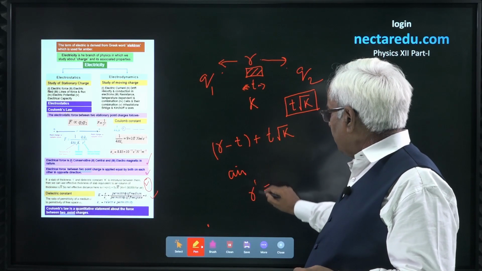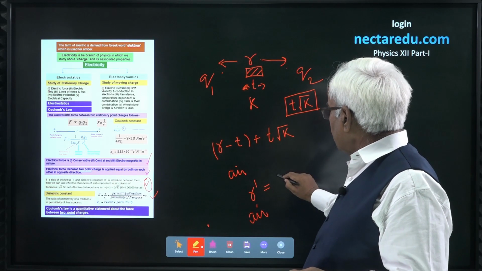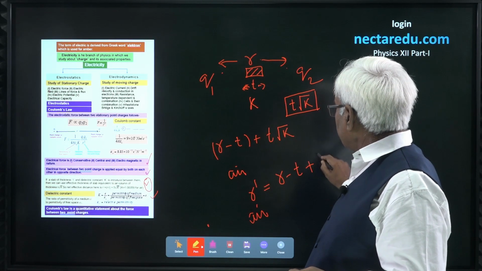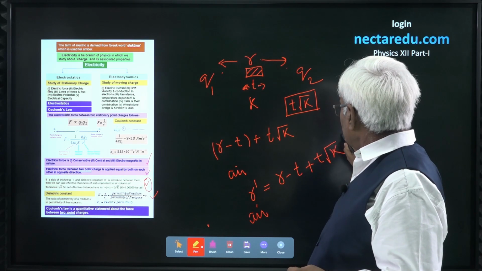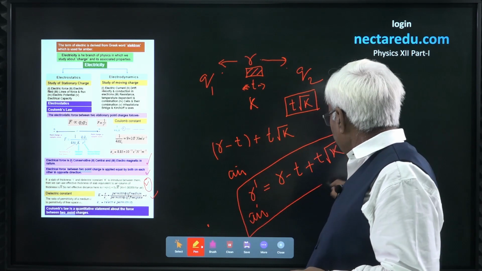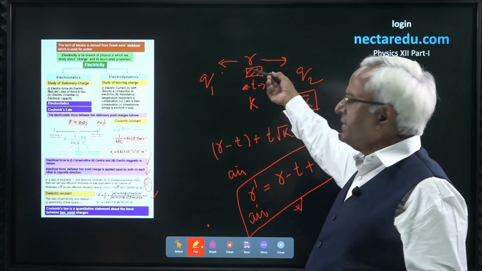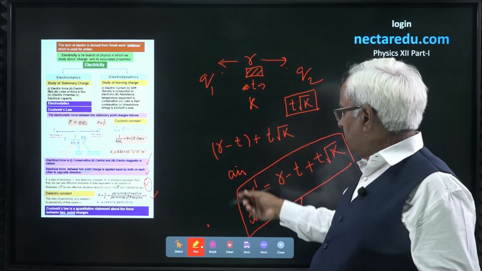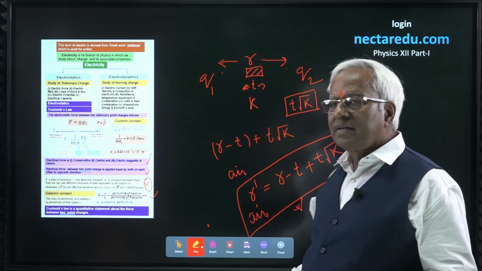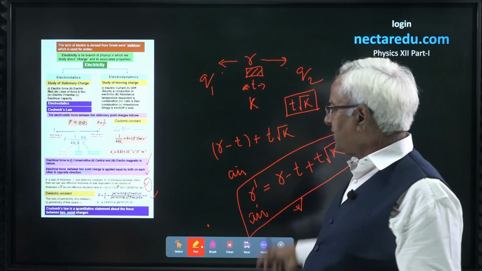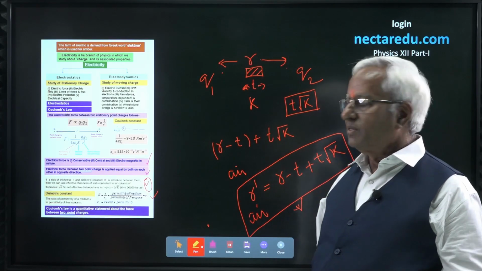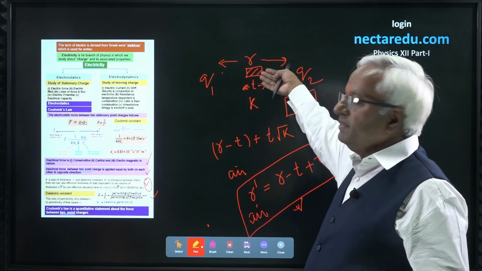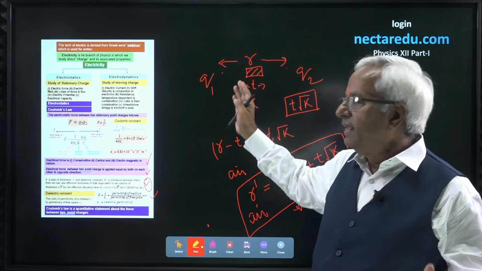Now, the effective air distance you might consider is r minus T plus T root K. Means you will forget that the slab is there. Simply you would recall that air is of this very thickness and you will proceed. This is how we replace the given distance of the slab by the air column.